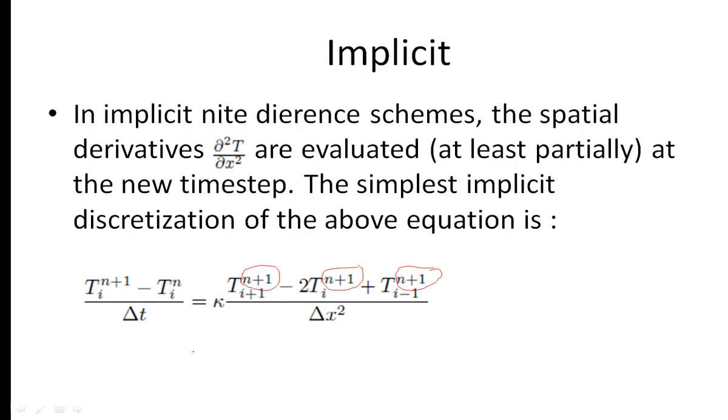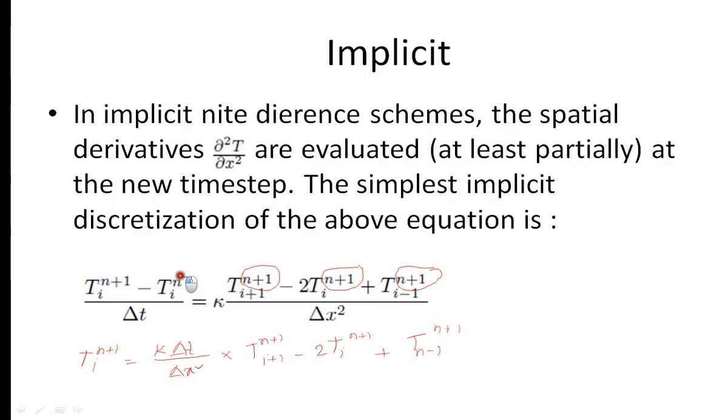So if we rewrite this equation, we could write the temperature at point i at n plus 1 equal to k delta t over delta x squared, times T_(i+1)^(n+1) minus 2 T_i^(n+1) plus T_(i-1)^(n+1).